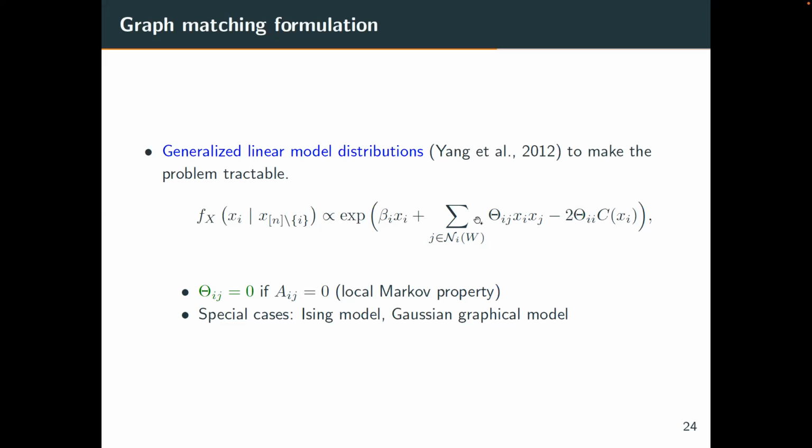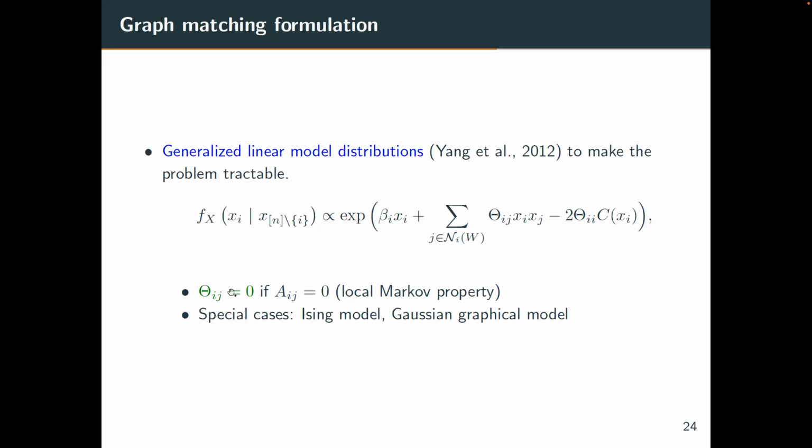So once we formulate the model in this way, we can still think of graph matching as matching A with theta, right? So basically, the zeros of theta correspond to the zeros of A, and we just want to find the same pattern. The issue here is that we don't know theta, because this is a parameter of the model, and we just observe B, some sort of random variable generated from this model, but we don't observe theta.